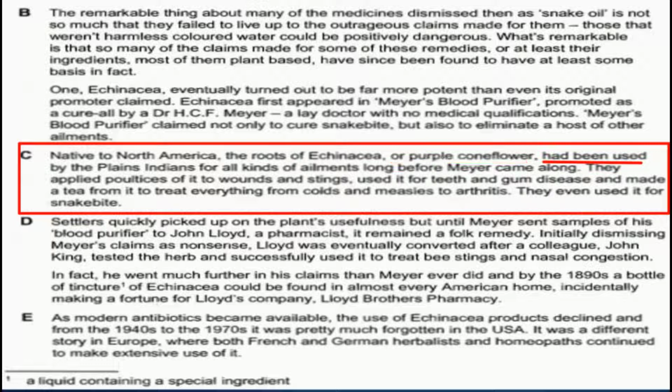The second sentence says they applied poultices of it to wounds, used it for teeth. The last sentence says they even used it for snake bites. So the overriding theme is the usage.